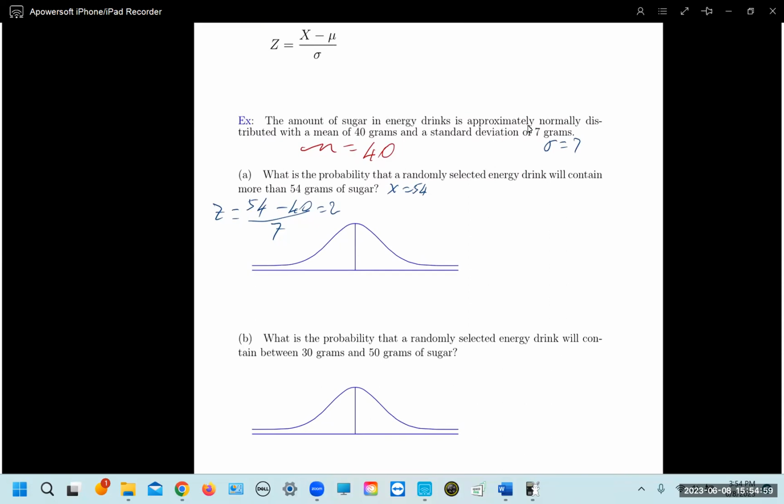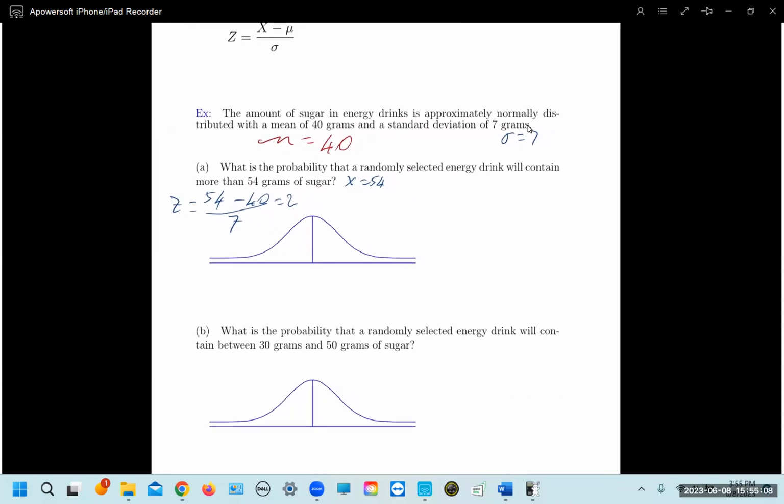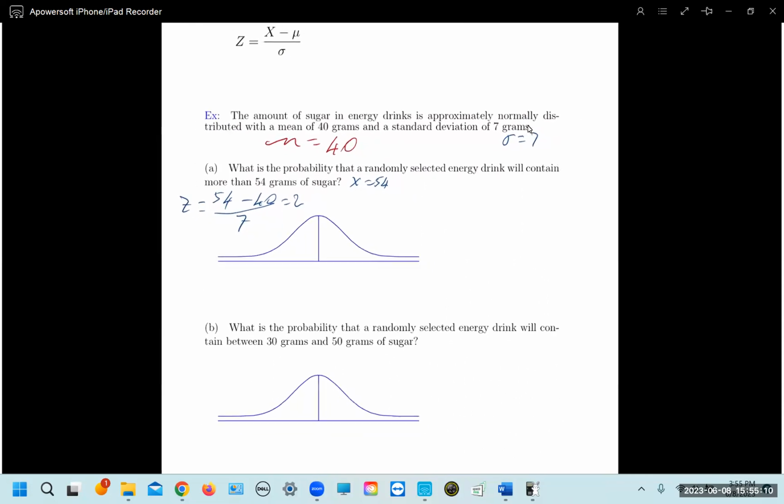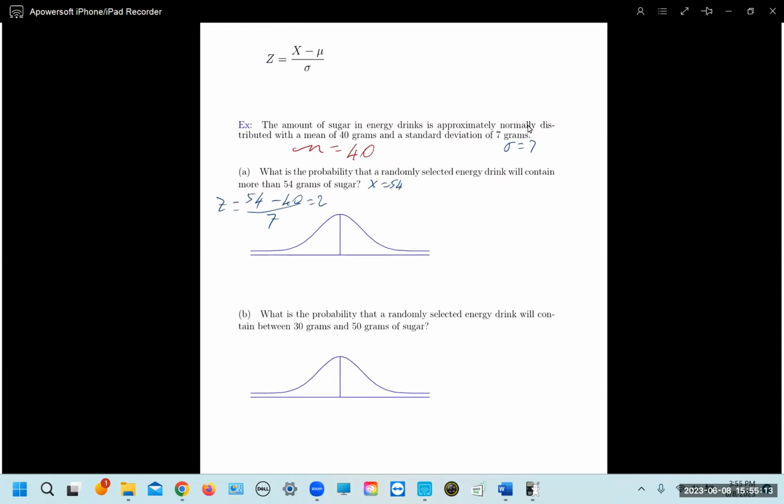So now I can use the calculator. So X is 54 right here. So we know we have the X right here, 54, and we're looking for this area right here.